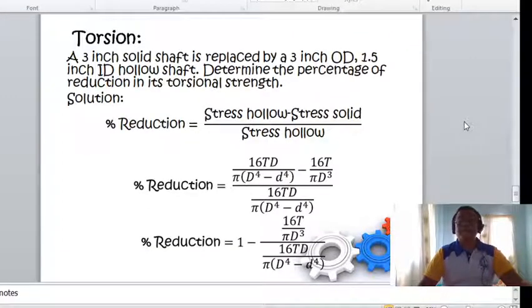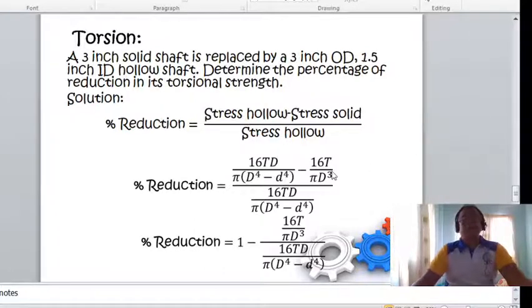So, another example, class. Maybe this is the last example in this presentation. A 3-inch solid shaft is replaced by a hollow shaft with a 3-inch outside diameter and 1.5-inch inside diameter. Determine the percentage of reduction in torsional strength.